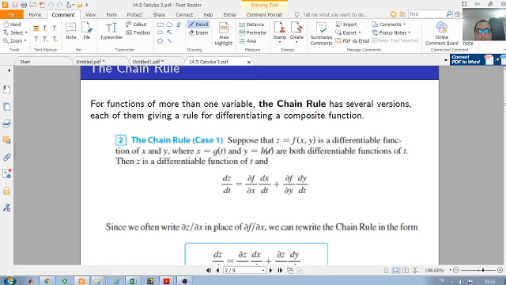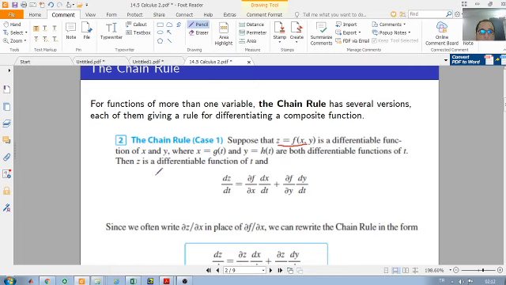the independent variables of this function are also functions of t. You see, x is equal to g of t and y is equal to h of t are both differentiable functions of t.